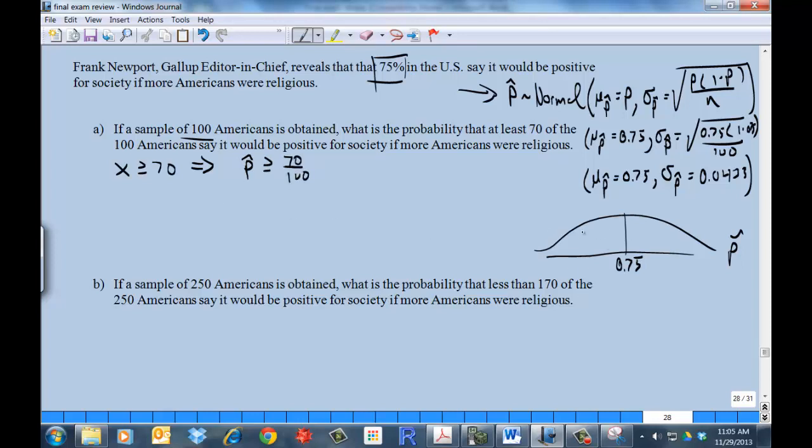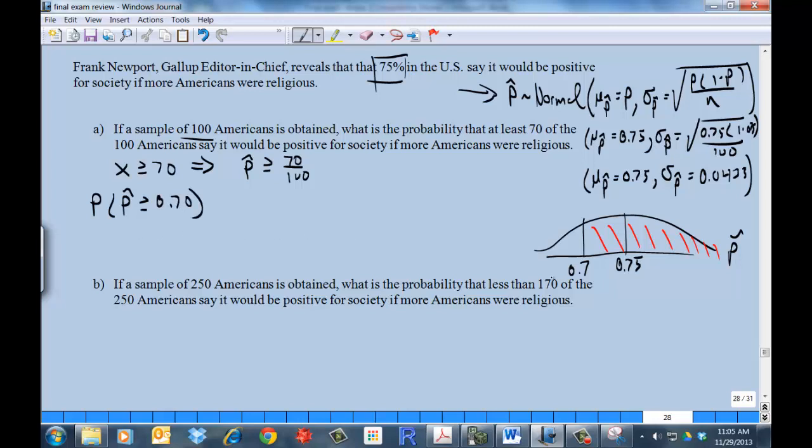That's our boundary point here, and at least means all of this. So this is the probability we're looking for. From the picture, we get our formula: probability p hat is at least 70%.